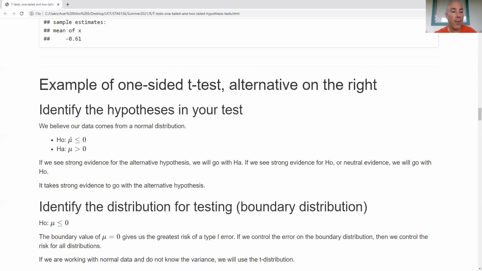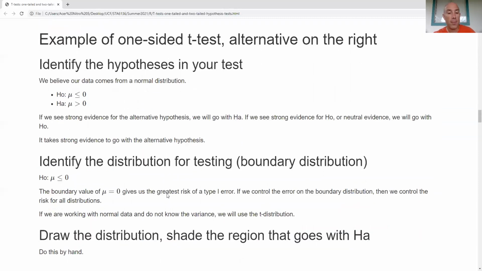The null hypothesis is that mu is less than or equal to 0. The alternative is mu is greater than 0. If I see strong evidence for the alternative, I go with the alternative. Otherwise, I go with the null. It takes strong evidence to go with the alternative hypothesis.